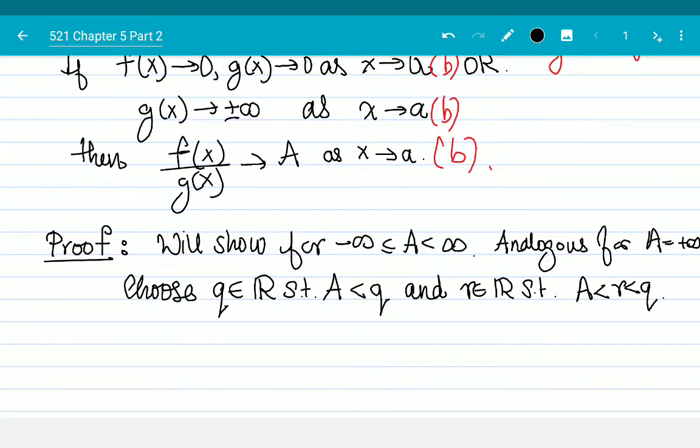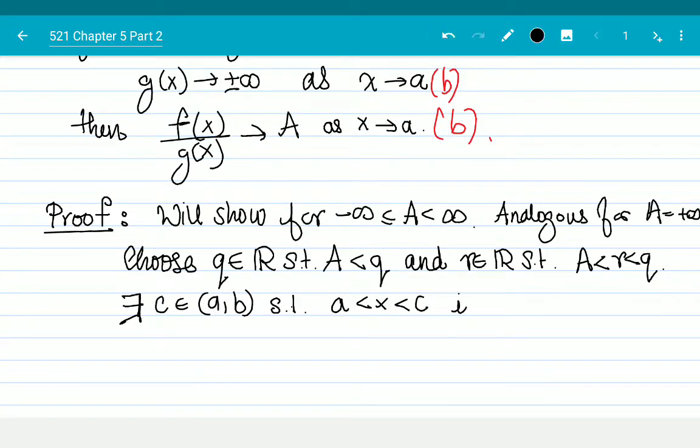Anyway, because the limit of f prime of x over g prime of x approaches A, there exists C belonging to (a, b) such that a smaller than x smaller than C implies f prime of x over g prime of x is strictly smaller than r.